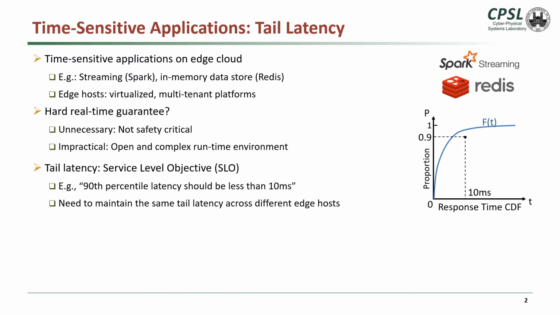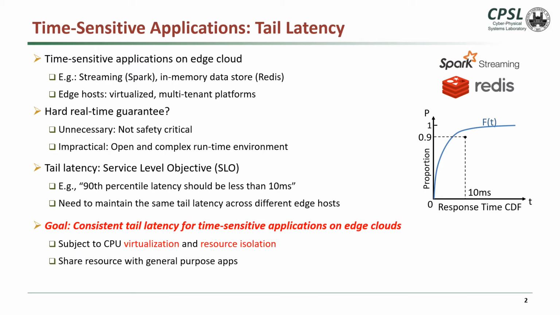It is important to maintain the same tail latency across different edge hosts when you are trying to deploy your service onto a shared platform. Our goal is to try to achieve a consistent latency distribution for time-sensitive applications on edge cloud.